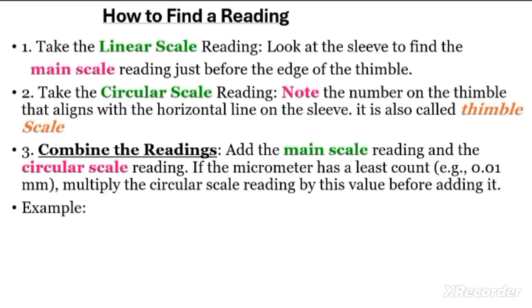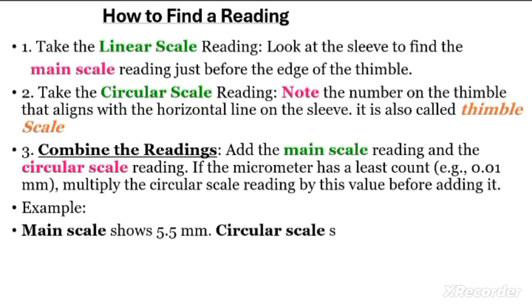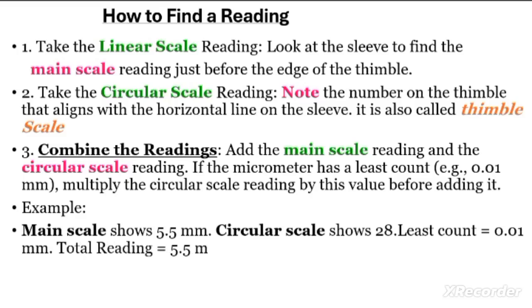We have an example here. So, for example, if the main scale is reading 5.5 millimeters and the circular scale is showing 28, we are going to multiply 28 by this number, which is 0.1.